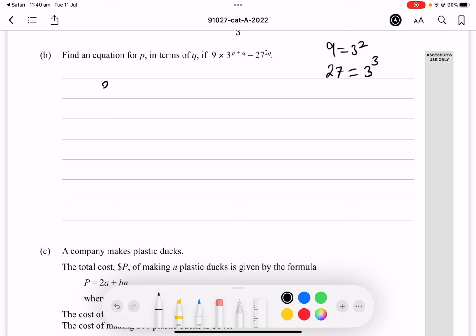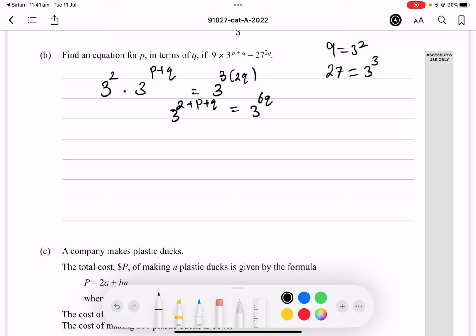So we have 9 equals 3 squared, so 3 squared times 3 to the power of p plus q, and that equals 27 written as base 3, so 3 cubed to the power of 2q. If we multiply the same base, we add the powers. So 3 to the power of 2 plus p plus q equals 3 to the power of 6q.